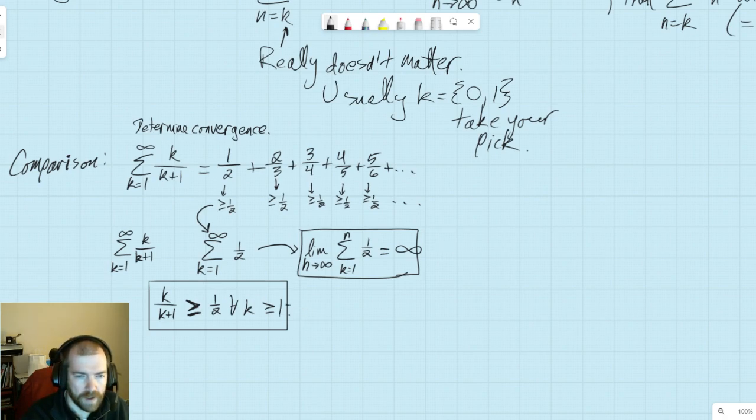Okay, so based on these two pieces of information, the fact that k over k plus 1 is always greater than or equal to 1/2 for all k values greater than or equal to 1, and the fact that our infinite sum of 1/2 is going to be infinite in extent, then we can also say, well, this one's going to be bigger.